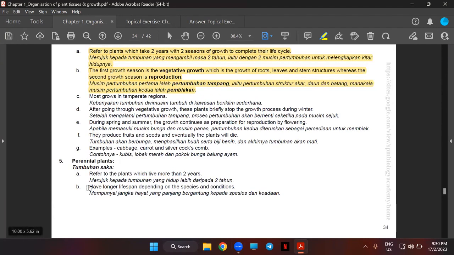Markah ketiga, kamu tulis ini. Have longer lifespan depending on the species and conditions. Mempunyai jangka hayat yang panjang bergantung kepada spesies dan keadaan. Markah ketiga.